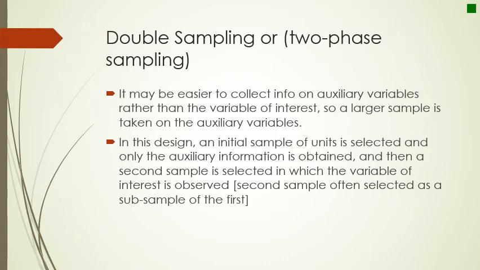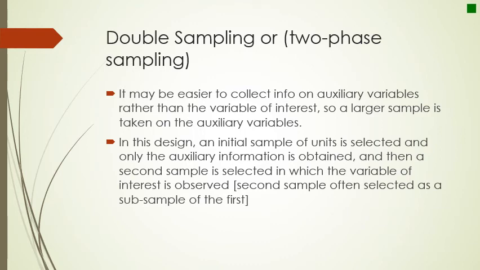Another approach is what's sometimes called double sampling or two-phase sampling. In some cases, it may be easier to collect information on auxiliary variables rather than the variable of interest. So a larger sample is taken and you're just recording information about the auxiliary variables.